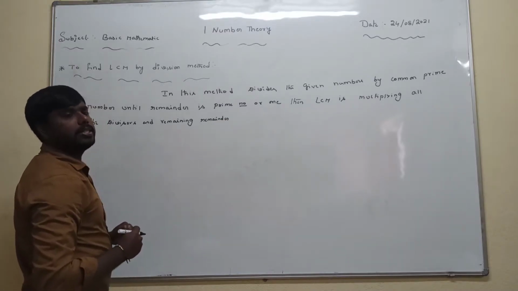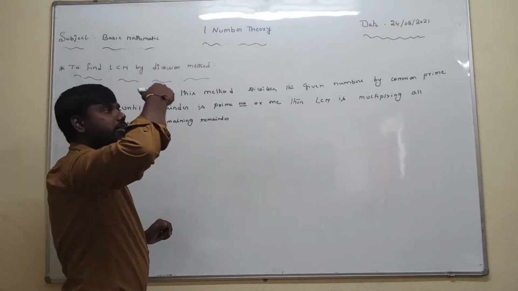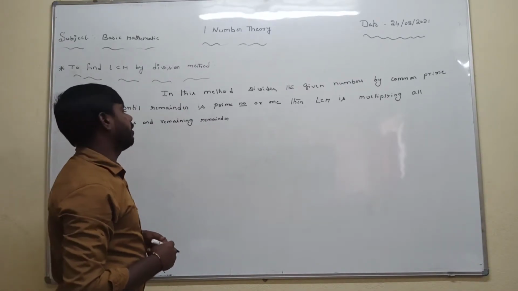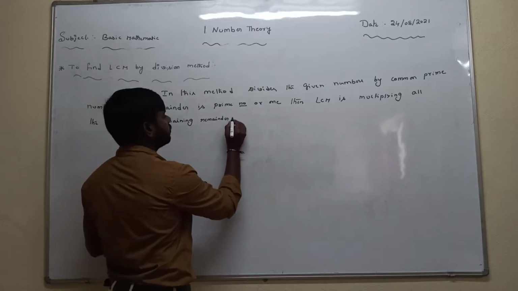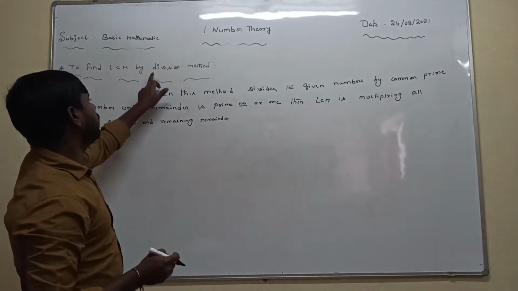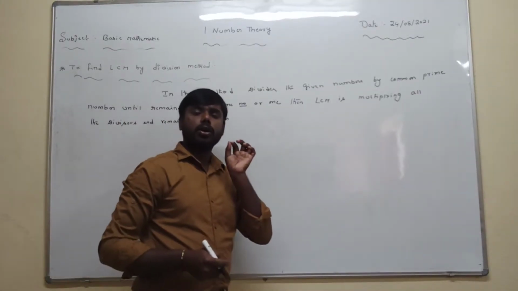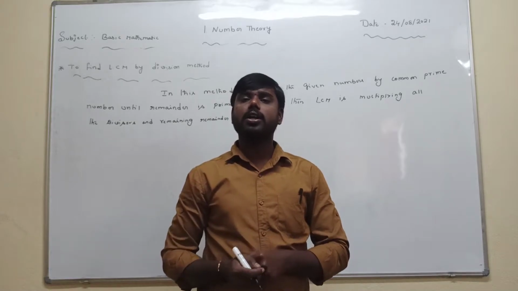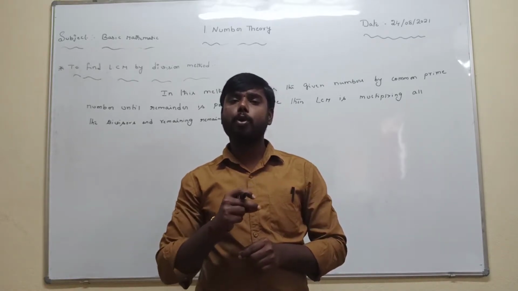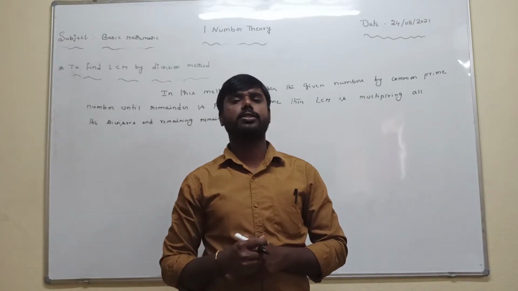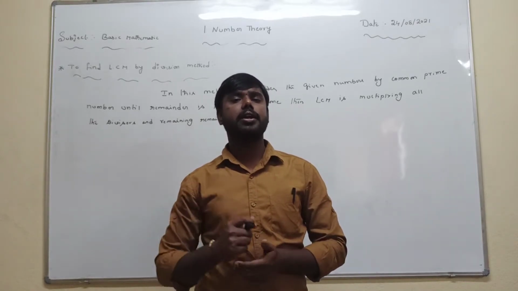So the LCM is the product of the divisors and the remaining remainders. That is called LCM. So what is the division method? It means divide the given numbers by a common prime number, then LCM is multiplying all the divisors and remaining remainders. Then it is called the division method.